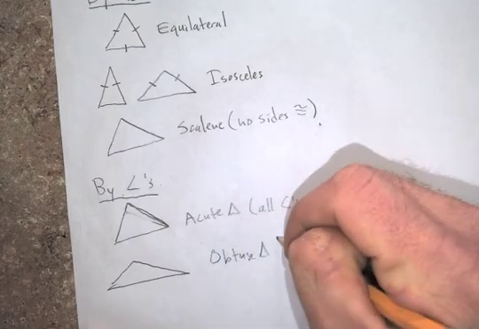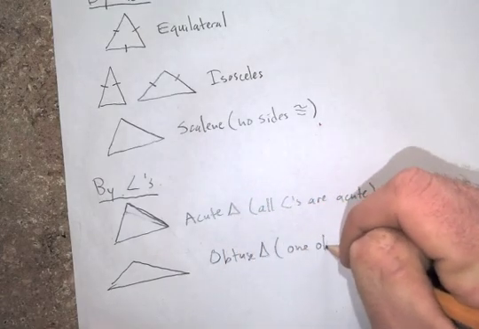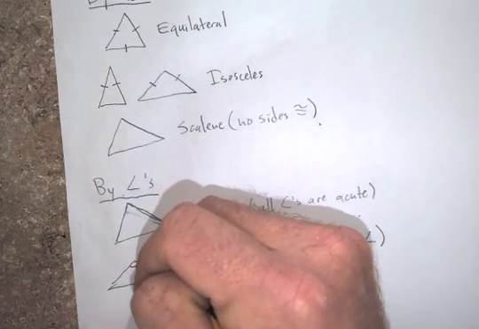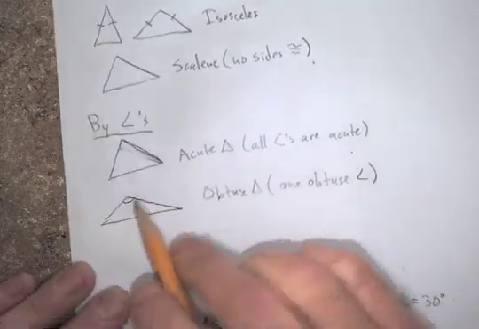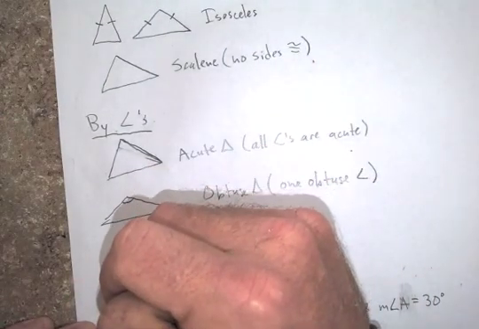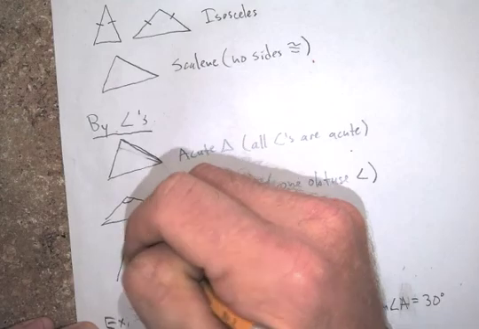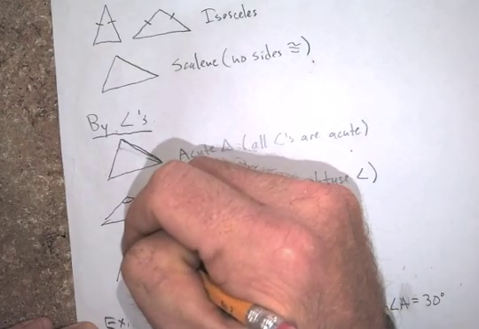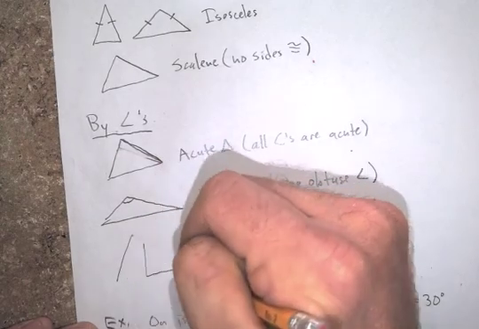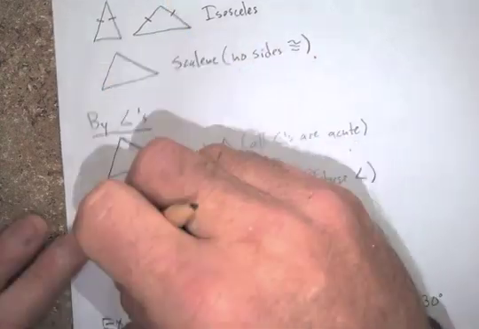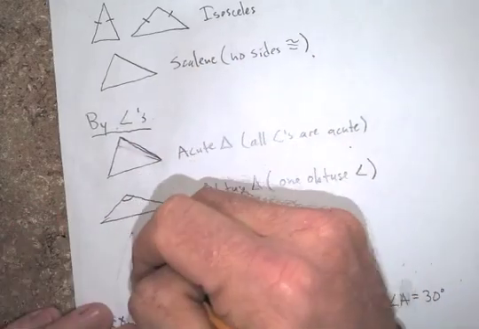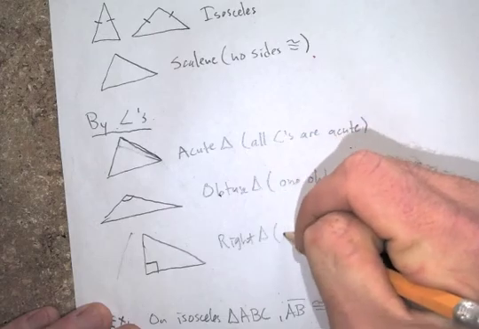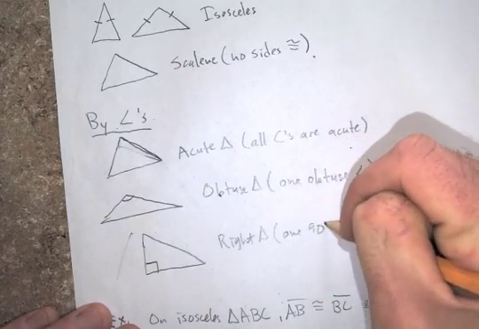An obtuse triangle will just have one obtuse angle, say up top here, wherever. And then right is the other one. A right triangle obviously has one 90-degree angle.